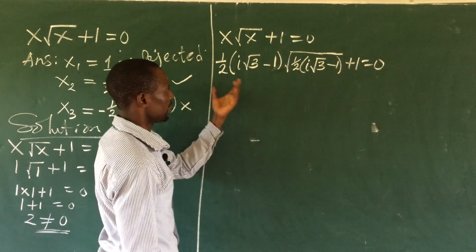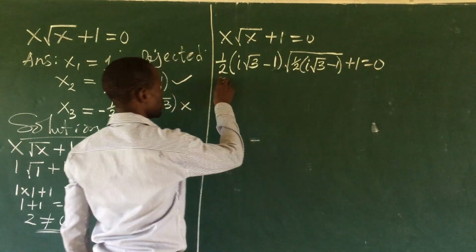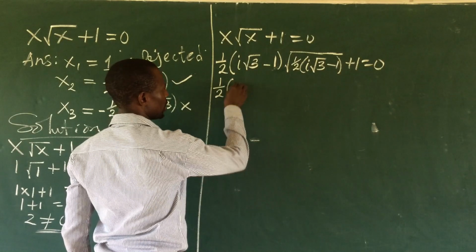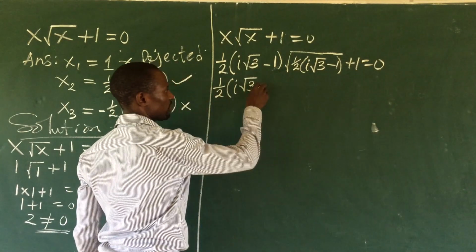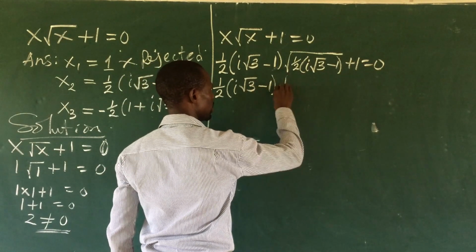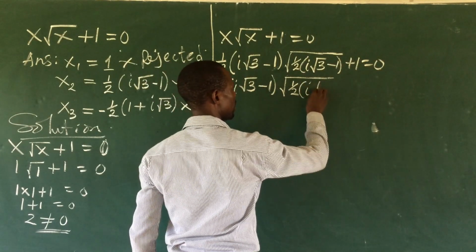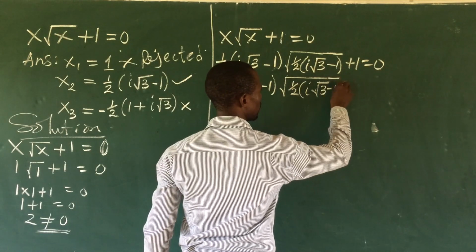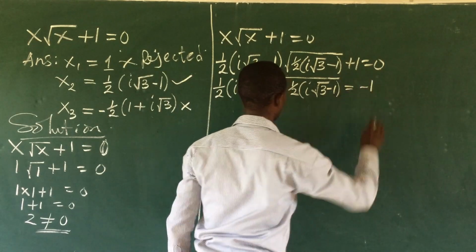What we do here now, from here, send this one to this other side. So we're going to have this to be 1 all over 2, bracket, iota square root of 3, minus 1, close bracket, then into the square root of 1 all over 2, bracket, iota square root of 3 minus 1, okay, then close bracket, equal to minus 1.